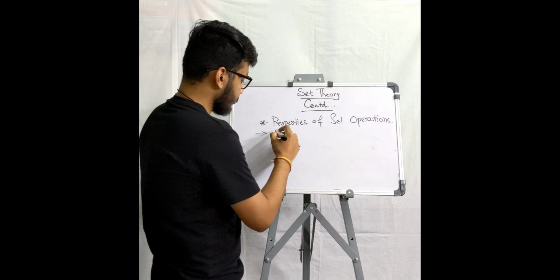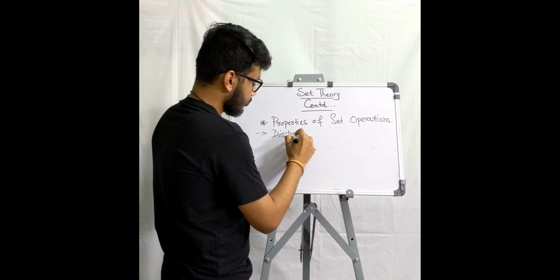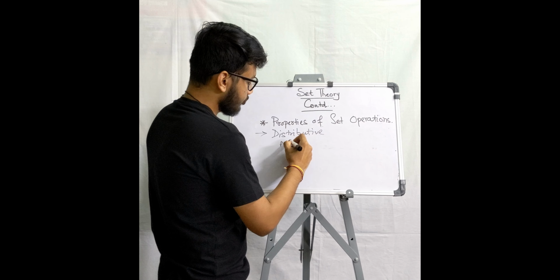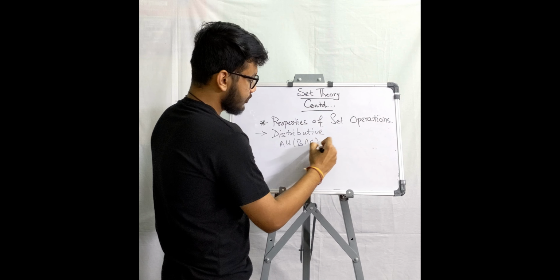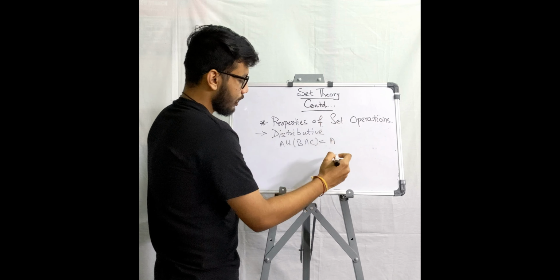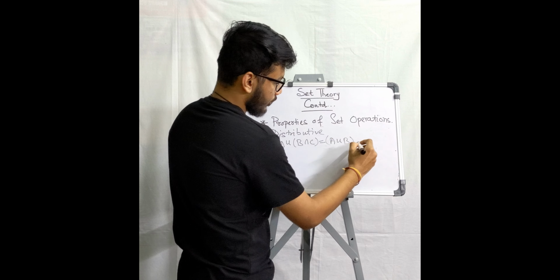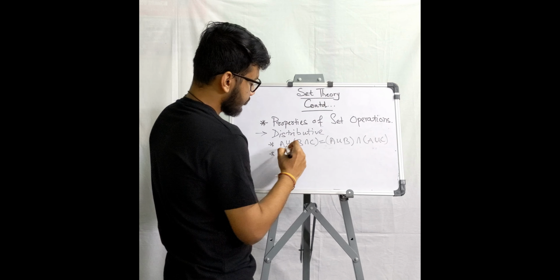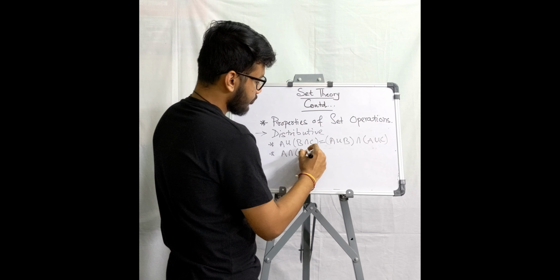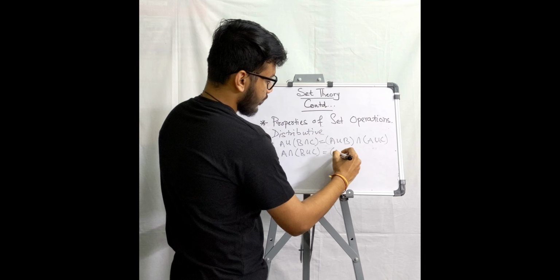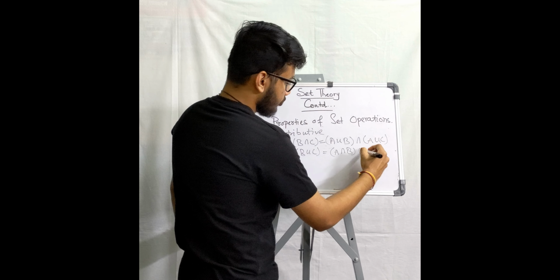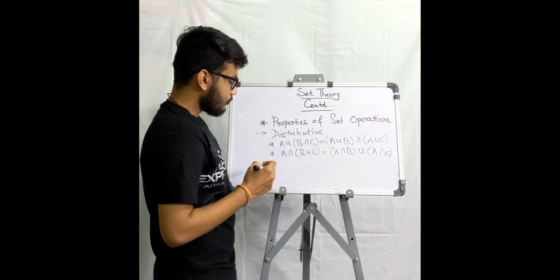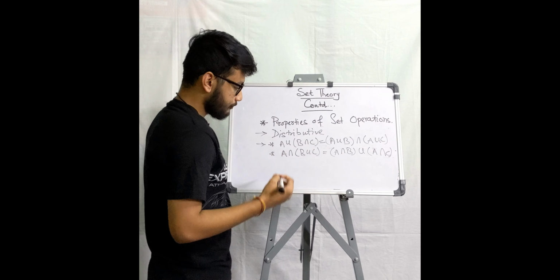The final property is distributive property. It says that A union B intersection C is nothing but equal to A union B intersection A union C. And the second one says that A intersection B union C is nothing but A intersection B union A intersection C. So let me prove the first one.